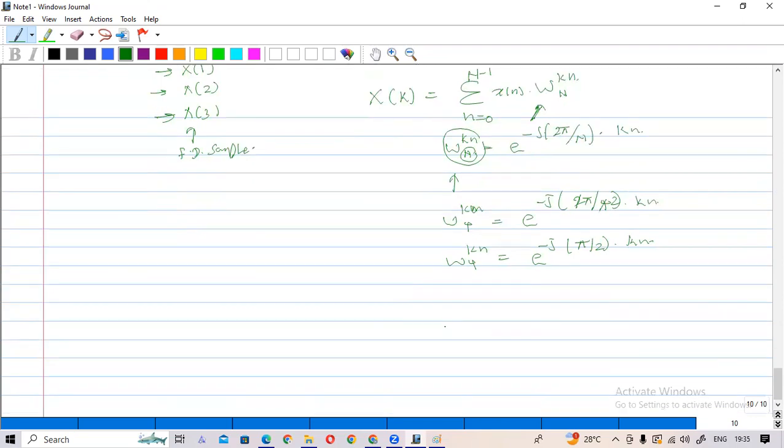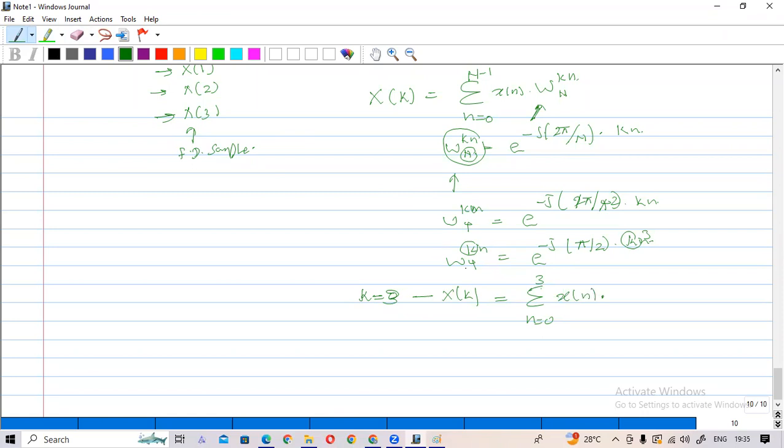Now you need to find k is equal to 3, sorry, that means X(3). So this k will also be 3 here. So X(3) will be the sum from n equal to 0 to capital N minus 1, where capital N is 4, so N minus 1 means 4 minus 1, that is 3, of x(n).